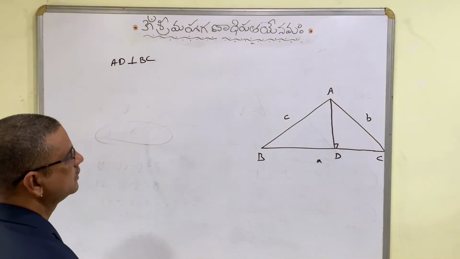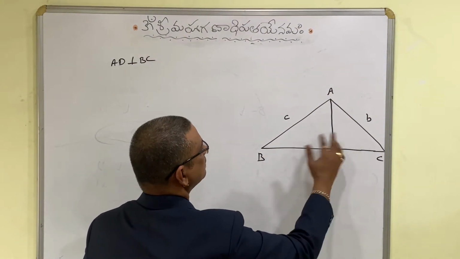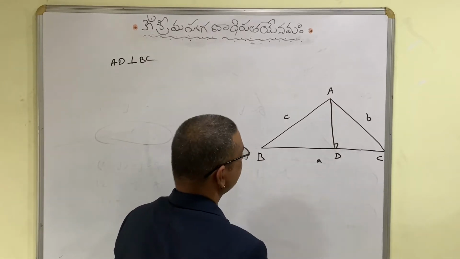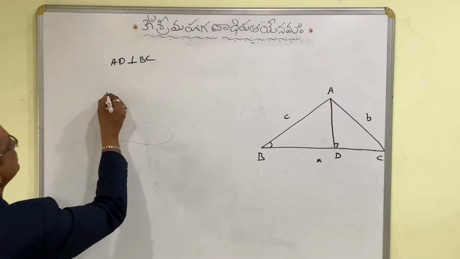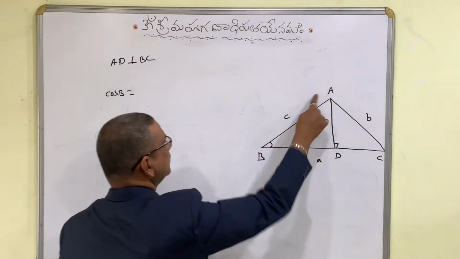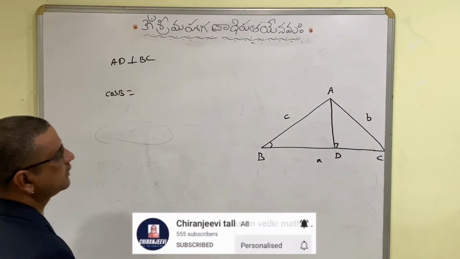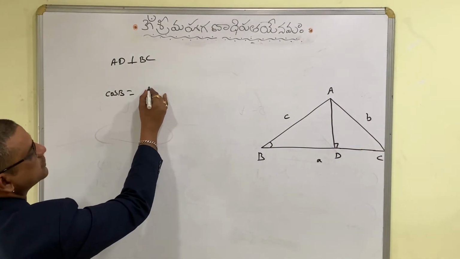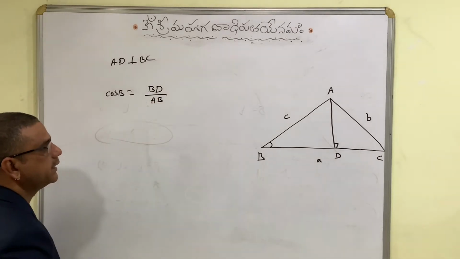Now see, this perpendicular divides the triangle ABC into two right triangles. One is ADB, the other is ADC. Now from triangle ABD, we need to find cos B. Cos B is equal to the side adjacent to angle B, which is BD, by the hypotenuse AB.